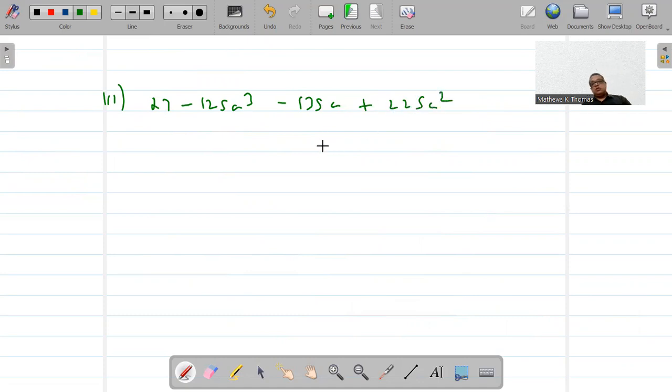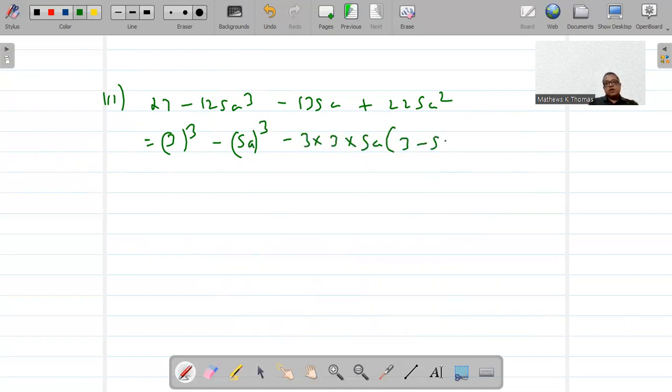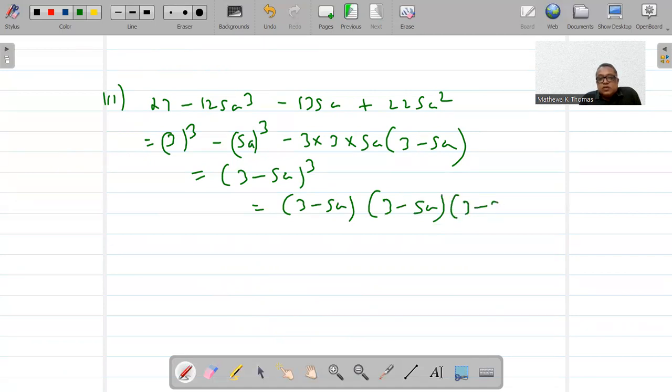This was the question. So procedure will be, write this as 3 cube minus 5a whole cube minus 3ab, 3 into 3 into 5a bracket 3 minus 5a, right? A cube minus b cube minus 3ab bracket a minus b. So I have to write it as 3 minus 5a whole cube. That means 3 minus 5a, 3 minus 5a, 3 minus 5a.